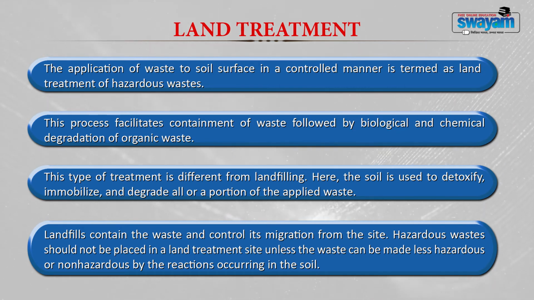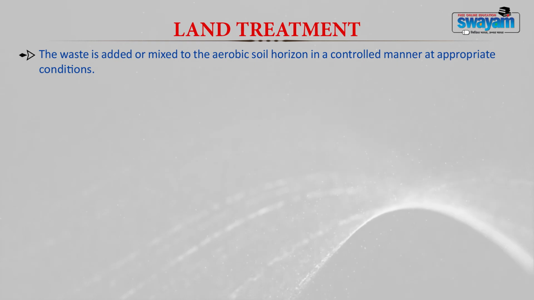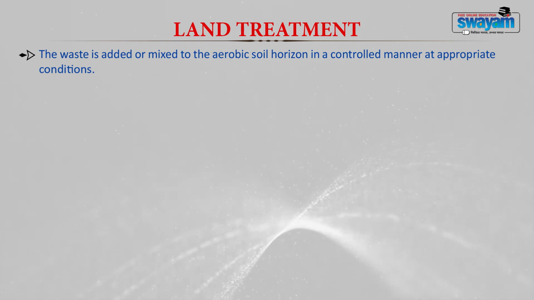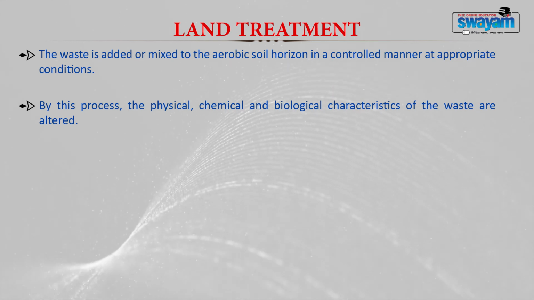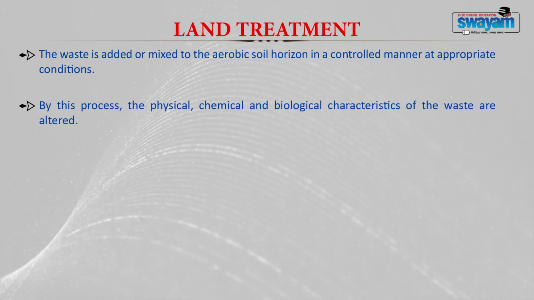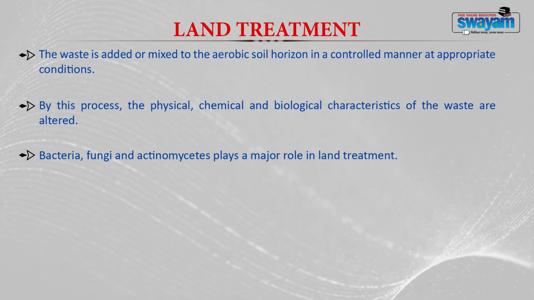A hazardous waste should not be placed in a land treatment site unless the waste can be made less hazardous or non-hazardous by the reactions which occur in the soil. The waste is added or mixed with the aerobic soil horizon in a controlled manner at certain appropriate conditions. By doing so, the physical, chemical and biological characteristics of the waste will be altered. The bacteria, fungi and actinomycetes play a major role in land treatment.